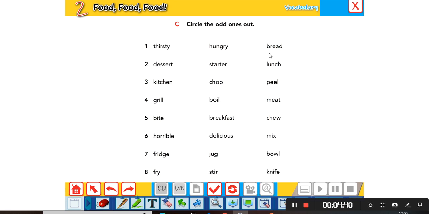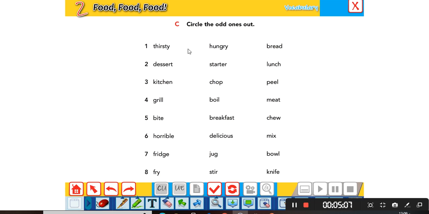For example, you can have 2 words that are nouns, and the third is a verb. That's why it's the odd one. Or the meaning, the 2 words have the same meaning and the third one is different from them. Or the category or the group of words, you can put two words under the same group while the third one is different from them. So let's check and see how we can circle the odd one out.